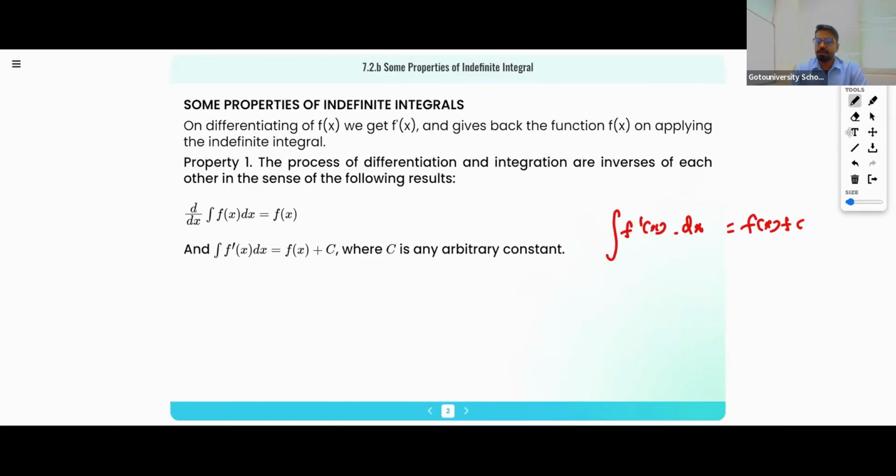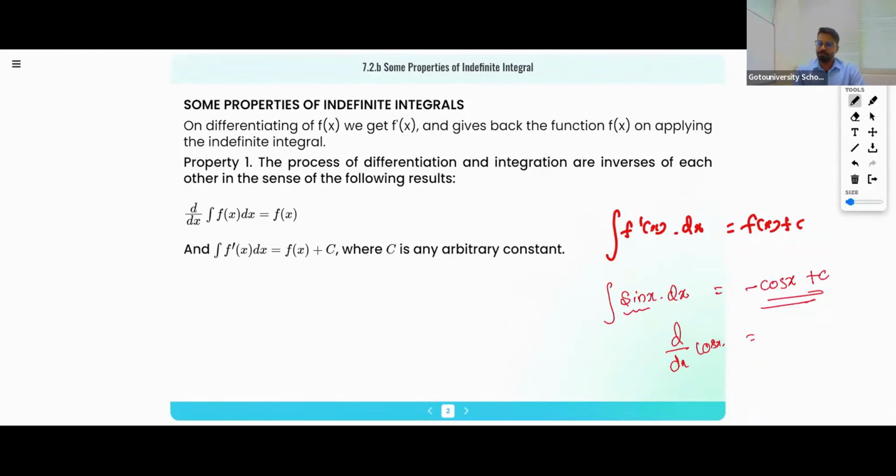Just like the example I gave here, if I give you integral of sin x dx, whose differentiation is sin x? Cos. But when you differentiate cos, we get minus sin, but here we have a plus sign. That's why we have to get the integration as minus cos x plus c. That is because I know differentiation of cos x is what?